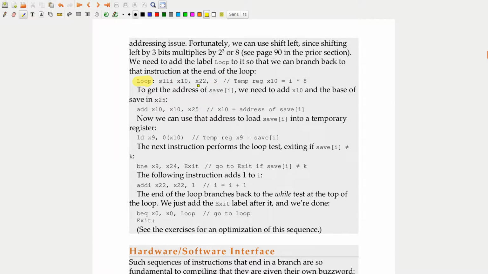So we're just shifting something by an immediate value. So that's fine. We do some addition, we do some load, and then here we branch to the exit if we fail some test. Otherwise, down here we branch back to the loop.